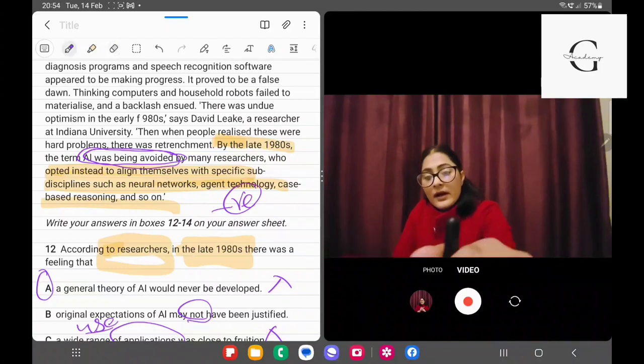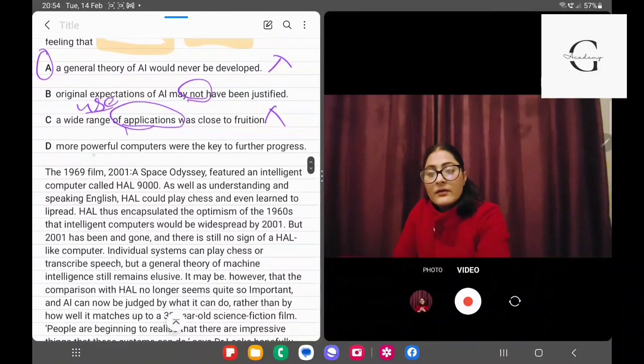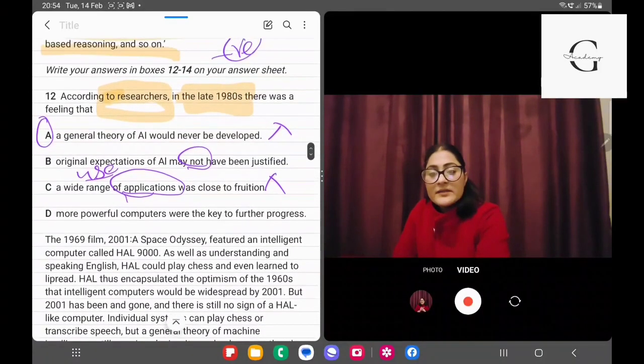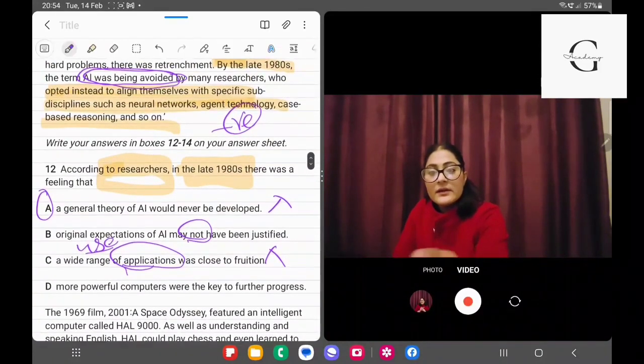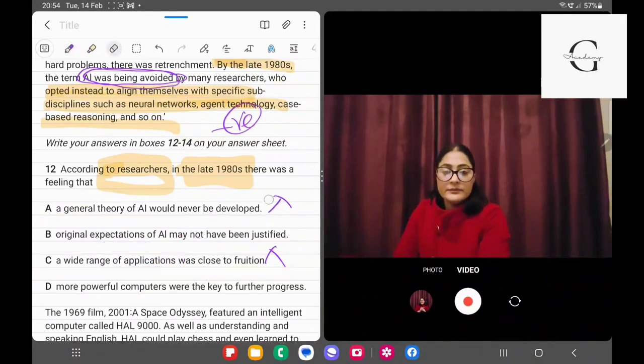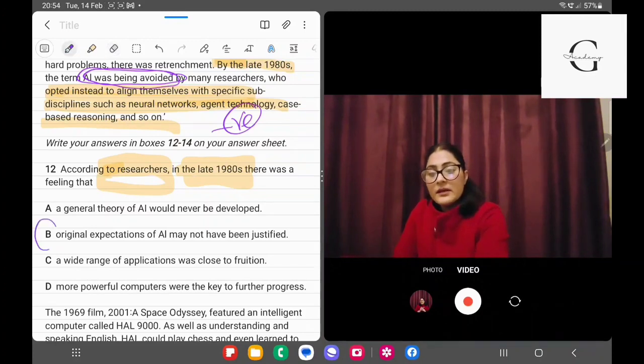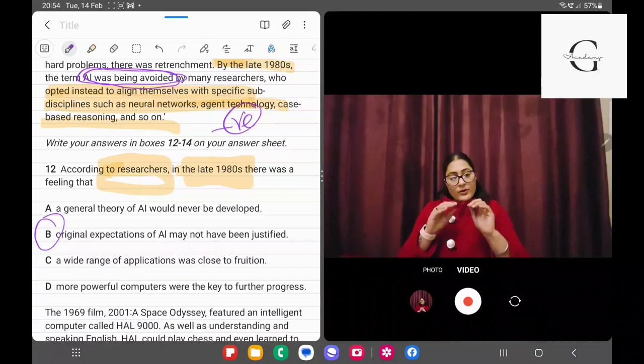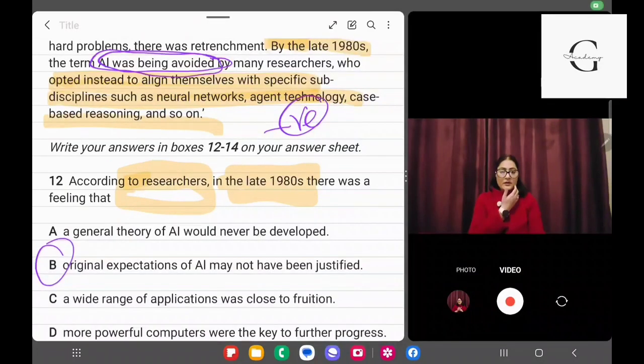So option B is my answer, as you can see here. And here you can note down a synonym. They have not given the answer directly here.